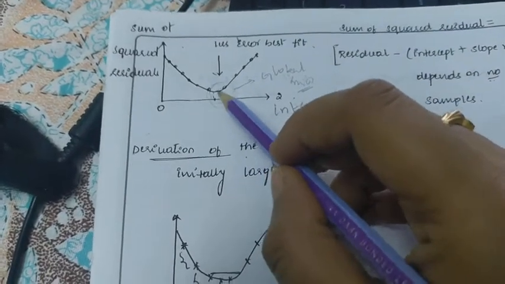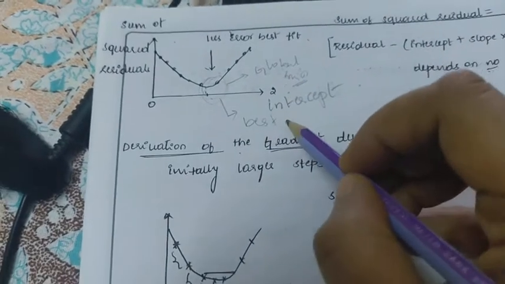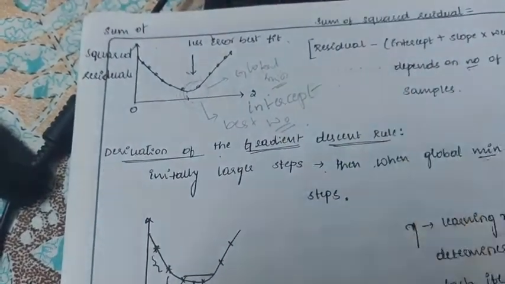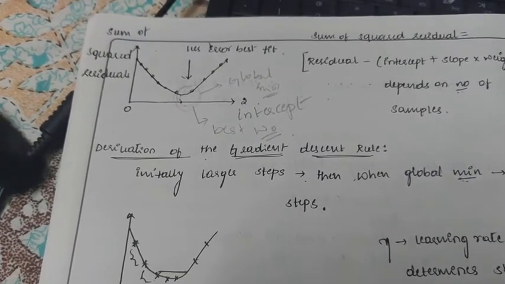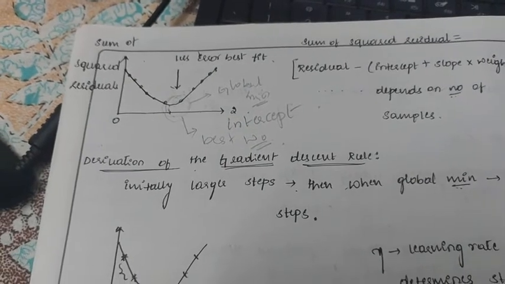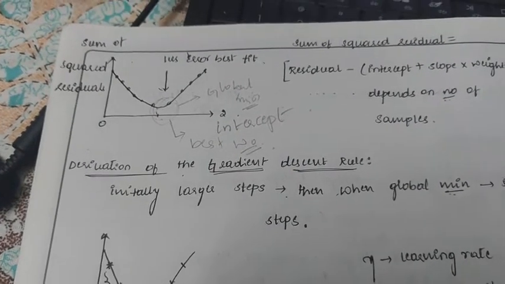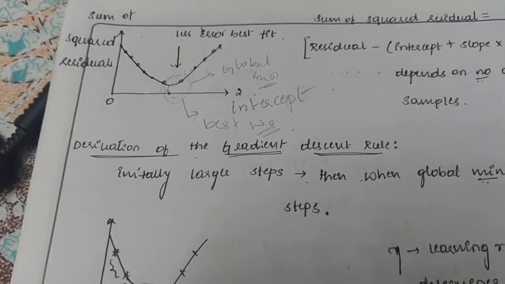When I have the least error, I am going to get my best weight value. And when I have the best weight value, my output will be accurate, meaning my predicted value will be equal to my target value or my exact value.